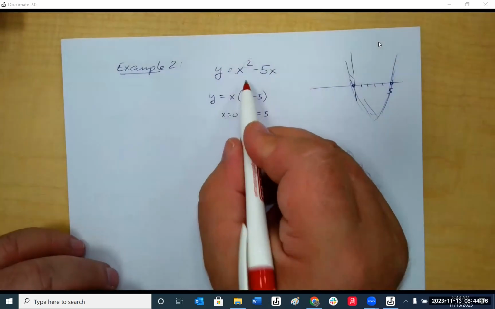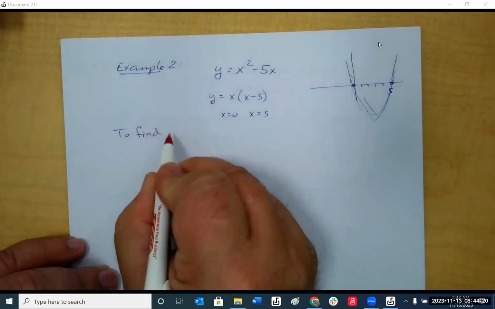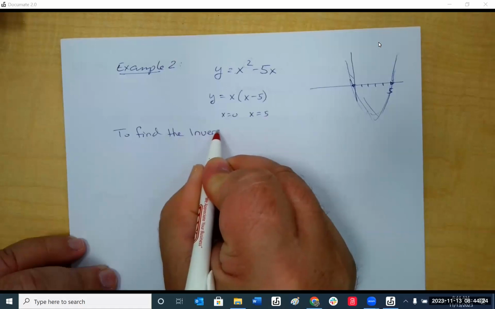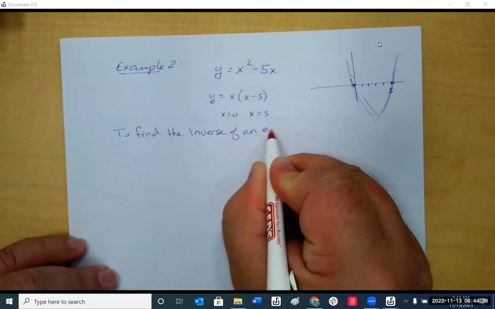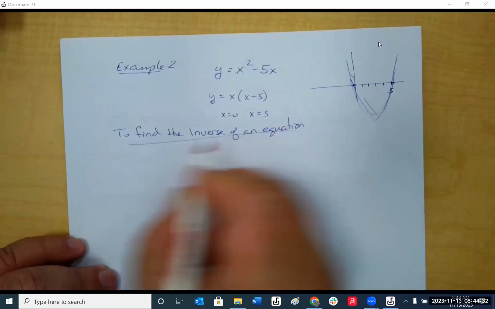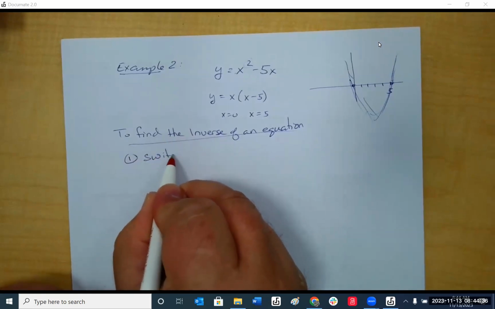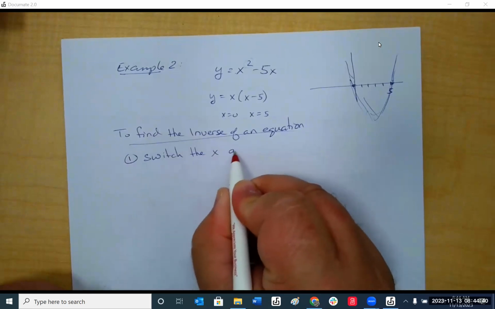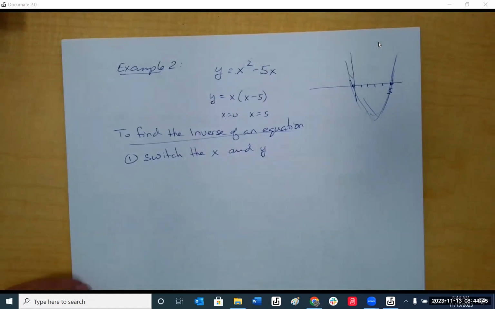Okay, so to find the inverse of an equation, first, switch the x and y in the equation.